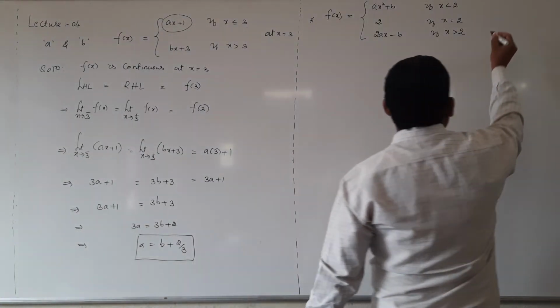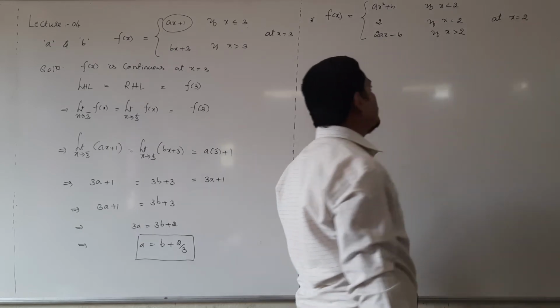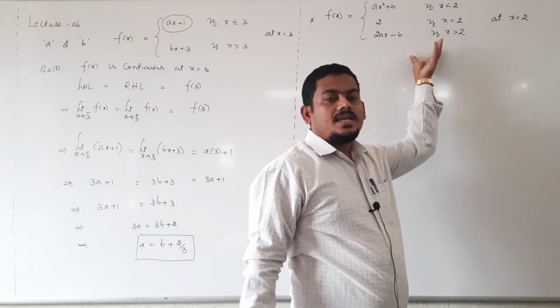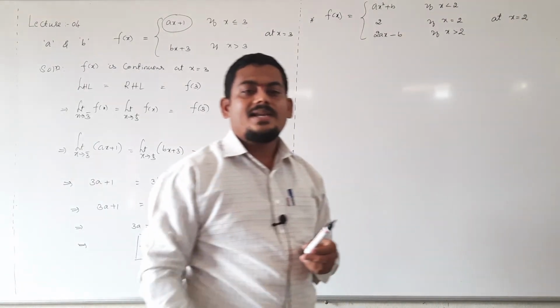Means this function is continuous at x equal to 2, then what are the values of a and b?